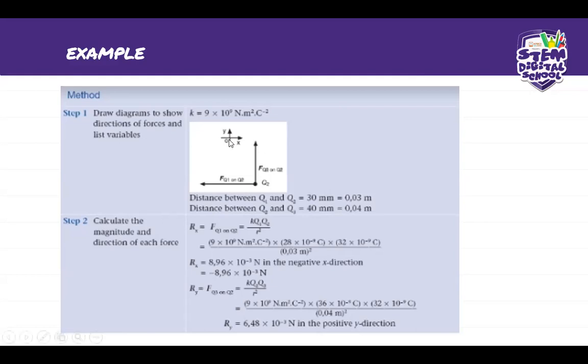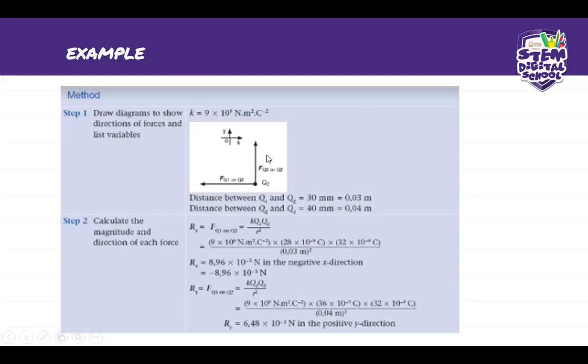You need to choose Q1 and Q2 right here. So we've got one that acts on, which this way. So this is our x-axis, this is our y-axis. But if you check here, this one is on a negative side, right? And this one, the y positive direction. Okay, I hope that you guys can all hear me properly.